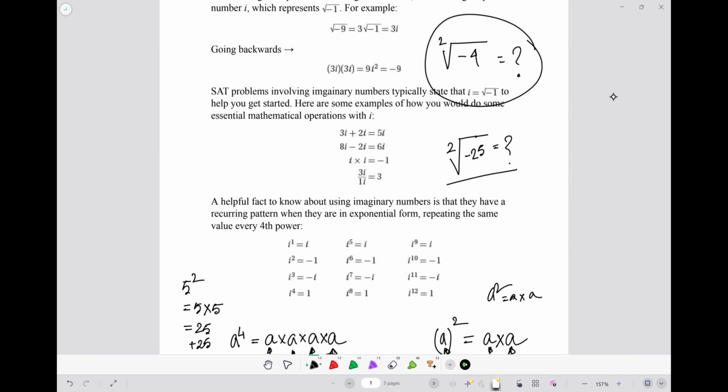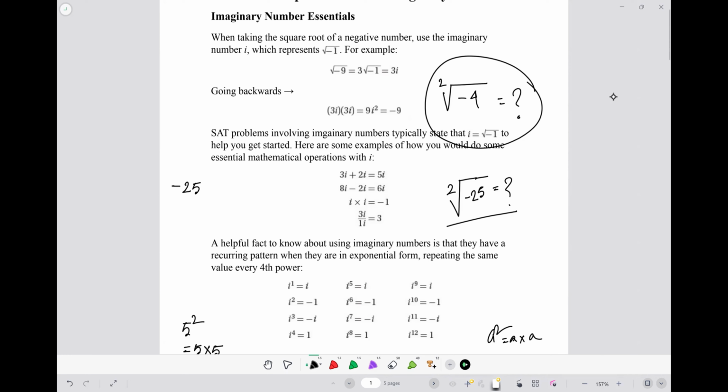Just consider such a situation where negative 25 is the product of two same numbers.